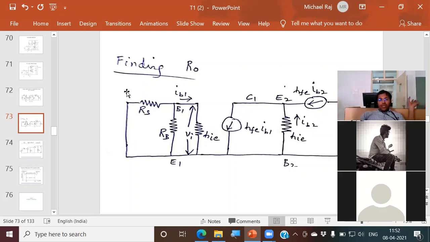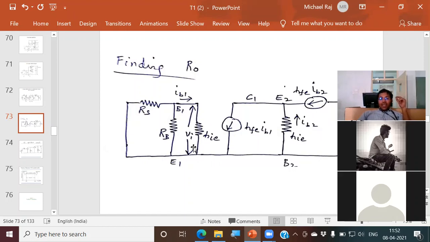The current passing through that equivalent resistor is IB1, so the overall voltage across these two resistors will be IB1 into RS parallel RB. Then the voltage here will be IB1 into HI.